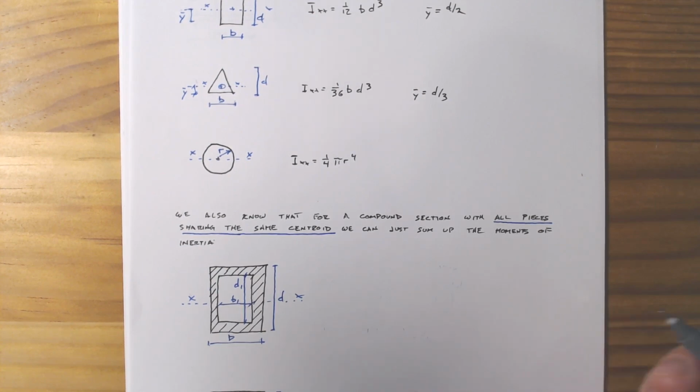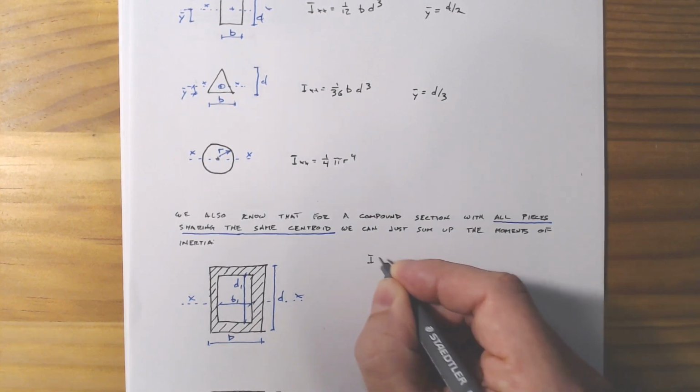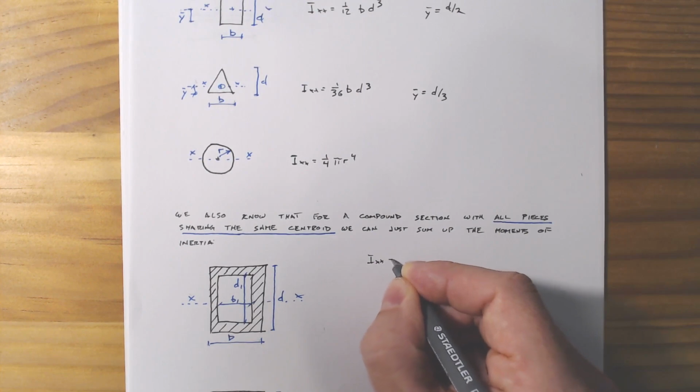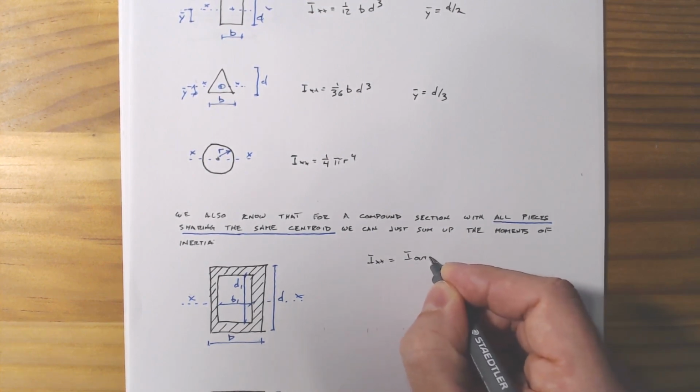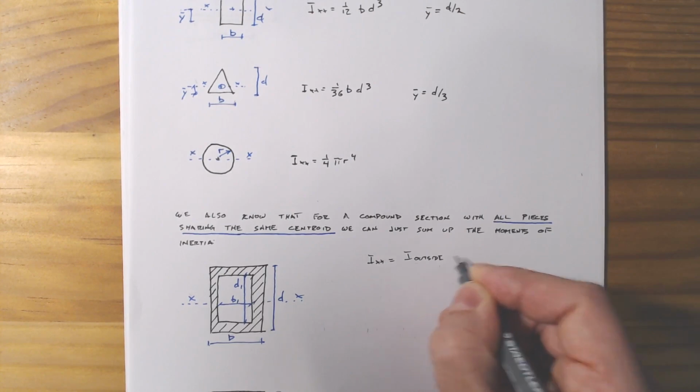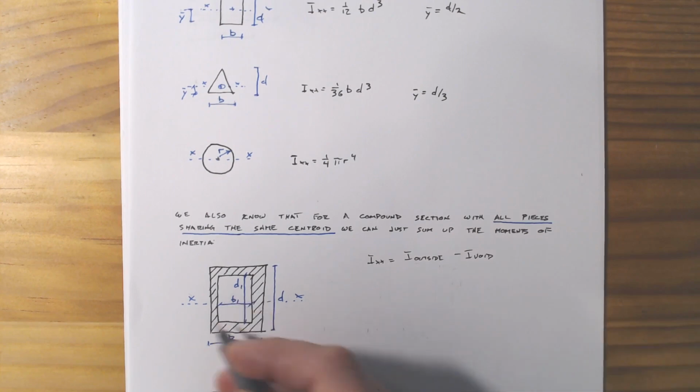Just as a quick recap, if we're going to find the moment of inertia of this compound section, which has a rectangular hole taken out of it, the moment of inertia would be Ix equals the moment of inertia of the outside minus the moment of inertia of the inside void.